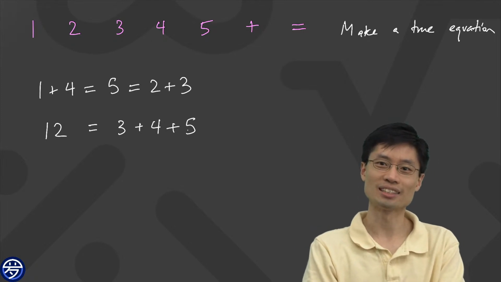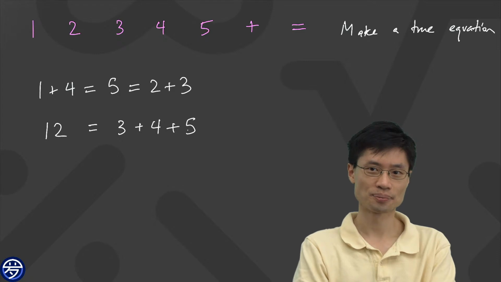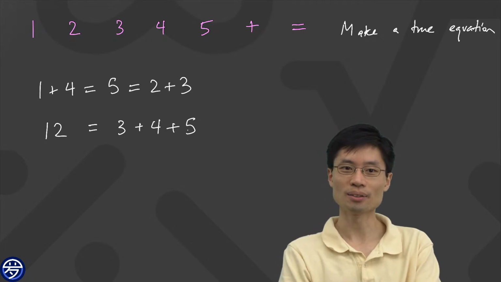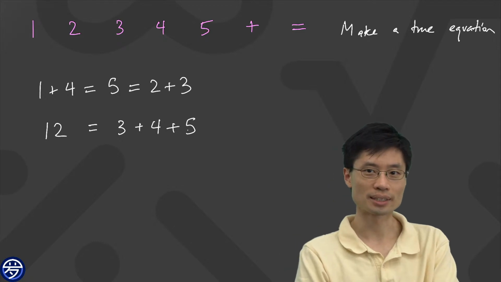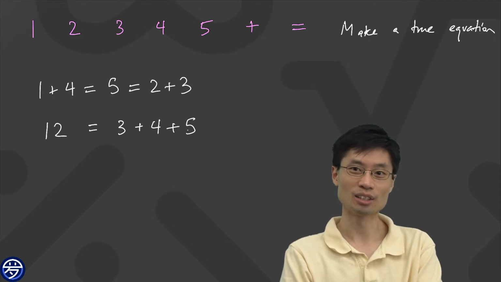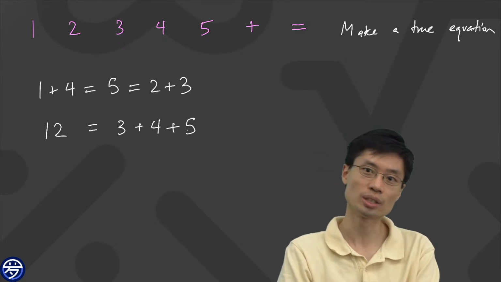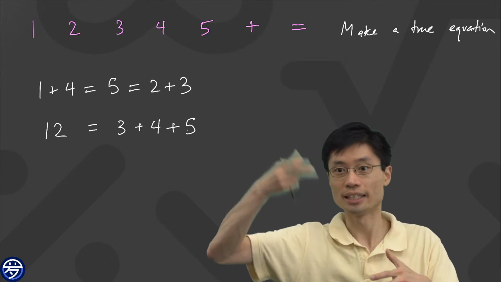Is there an answer that only uses 1 plus sign and only 1 equal sign? My hunch is no. I'm looking at these numbers, and I don't really think it's that easy. If you only get 1 plus sign, it doesn't look promising. No, it doesn't look promising. The reason it doesn't look promising is because if I use a 2-digit number plus a 1-digit number, I won't be able to go to the next tens digit.